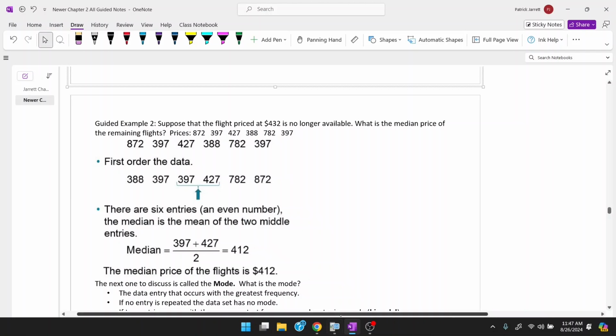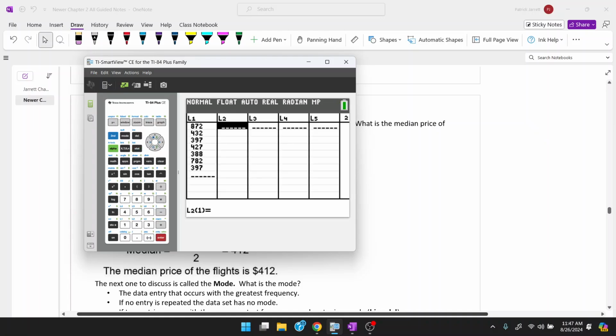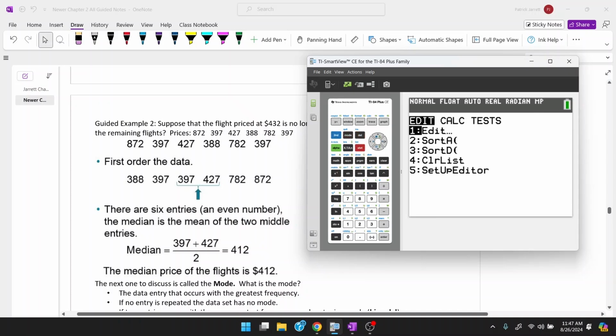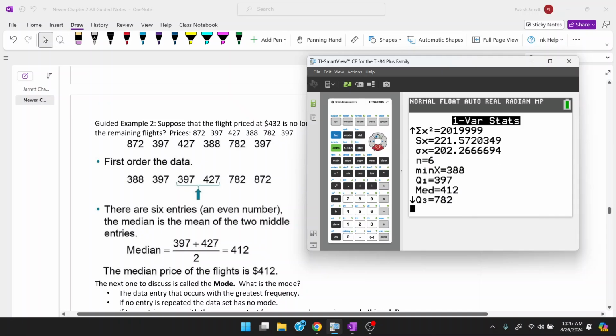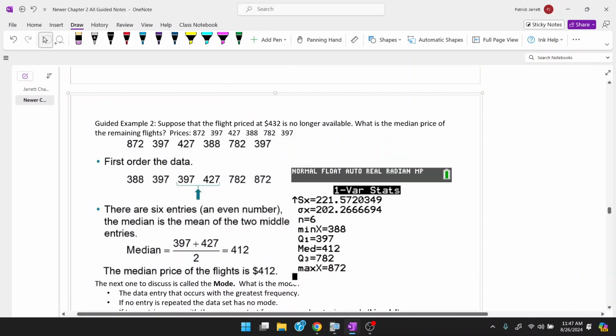Now, you can do that by hand, or we can go to Stat and Edit, and remove this $432 flight. Just highlight it, hit delete, and quit. We'll do another one var stat, and let's see if the median is there, and sure enough, there it is, $412.